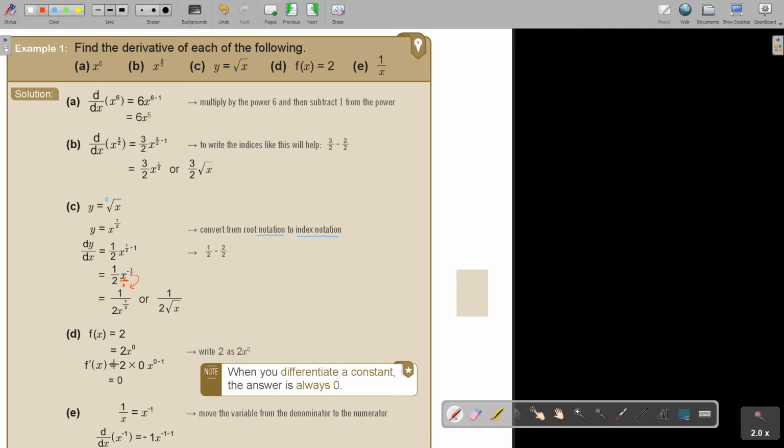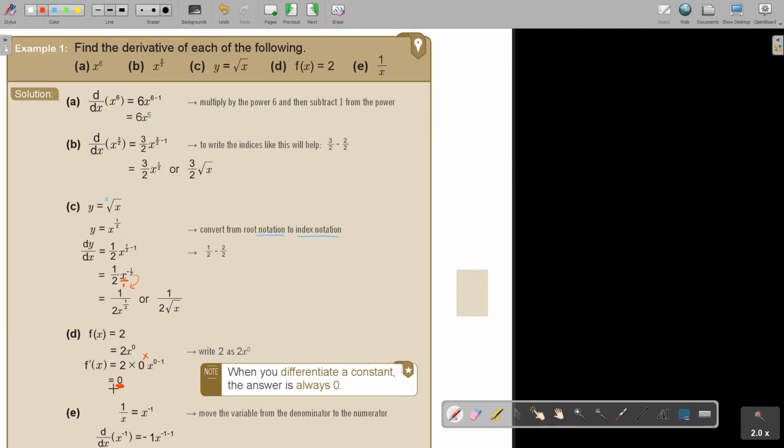And then the next one, oh, there's just a constant. But I want to show you, if there's just a constant, there's actually x to the power of 0 standing there. So do exactly the same. 0 times 2, what will that be? 0. And if I subtract 1, I'm going to get x to the power negative 1, but as soon as I multiply with that 0, everything is just going to become 0.